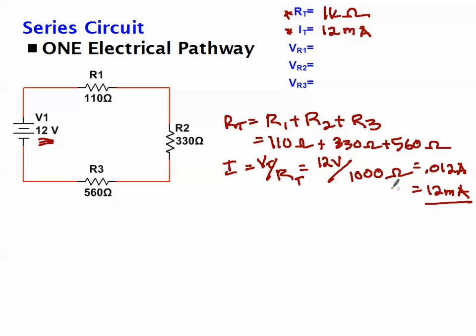Now, here's the new part. How do we calculate voltage drop across a resistor? Well, there's actually two ways to do it.